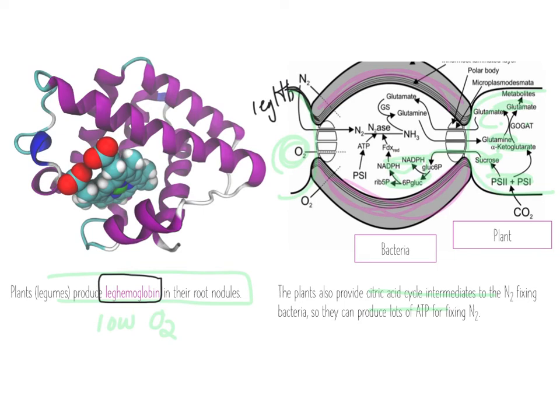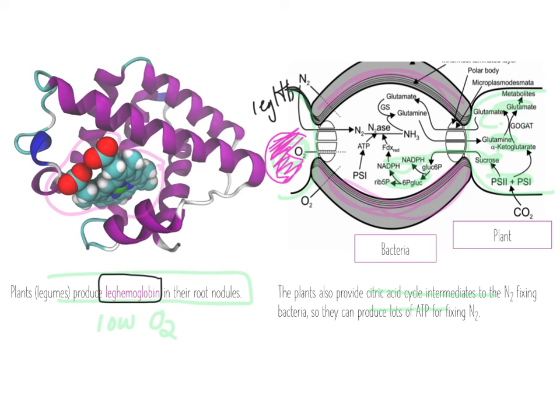I'm just going to keep the Leghemoglobin in purple here. The Leghemoglobin is a globin. Remember our myoglobins and our hemoglobins. It has a heme on the inside. And its purpose is to, I'll do Pac-Man style, bind up O2 in the plant cell and keep it in the plant cell so that it prevents the O2 from getting into the bacteria and competing with the dinitrogenase and destroying that dinitrogenase or the nitrogenase.